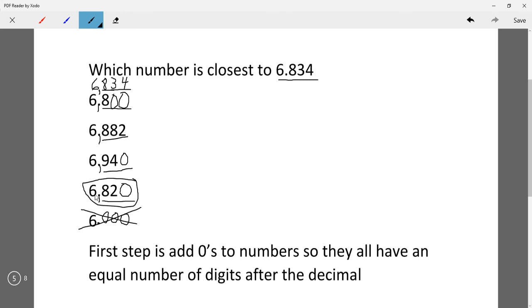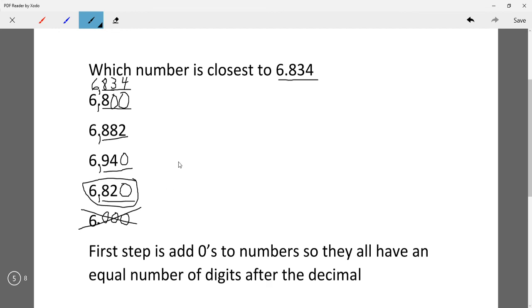So a lot of times, the decimal seems to throw kids off, but it actually doesn't need to, because in a lot of ways it doesn't really change much when we're comparing numbers or learning how to round or things like that, as long as you line up the place values properly.